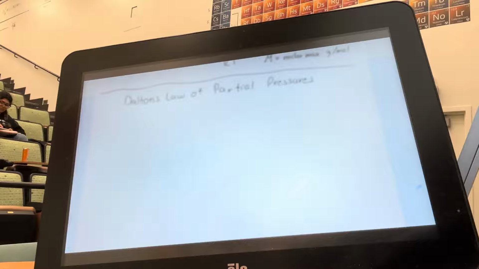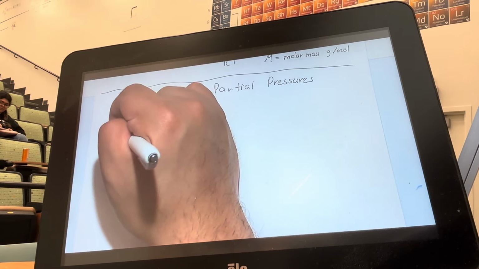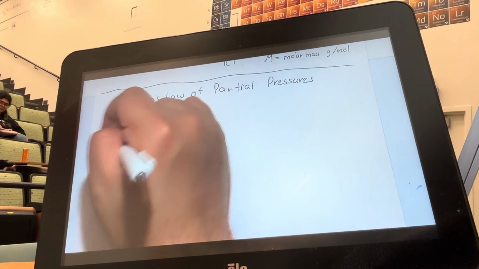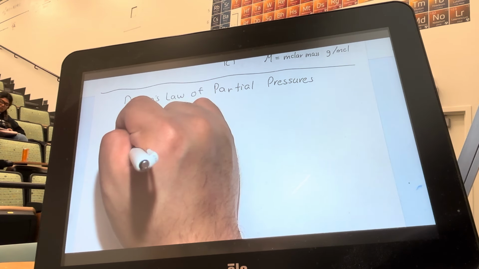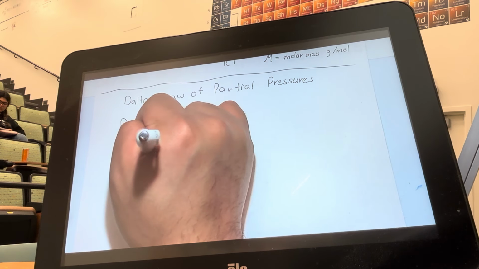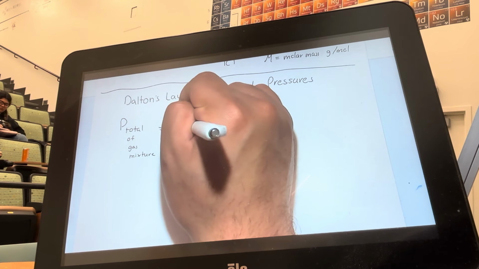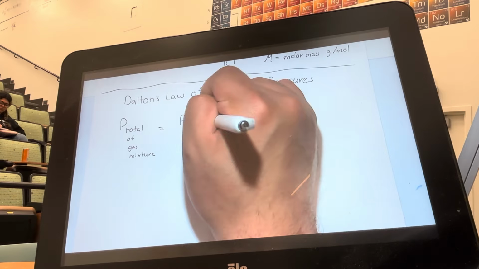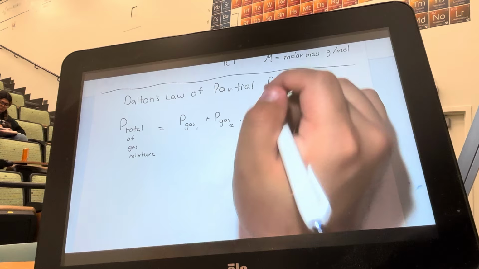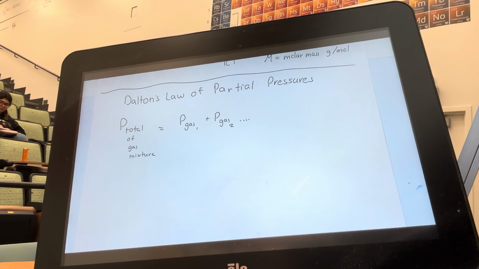In this law, what it states is that the total pressure of a gas mixture equals the pressure of gas 1 plus the pressure of gas 2, and so on and so forth, according to how many gases there are. So that's ultimately Dalton's law of partial pressures.